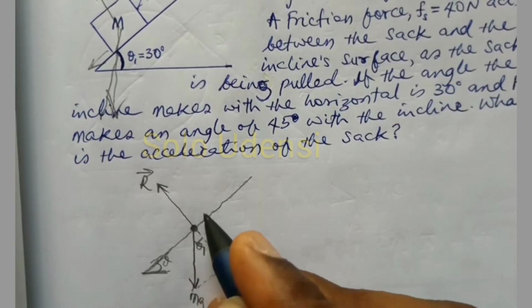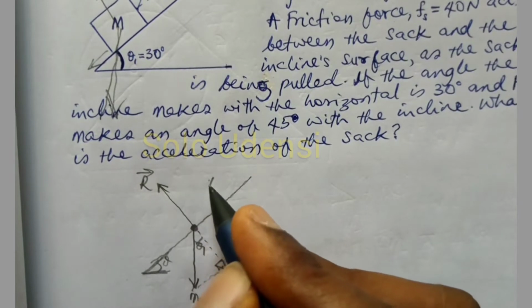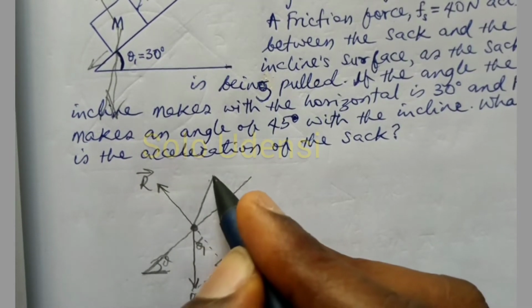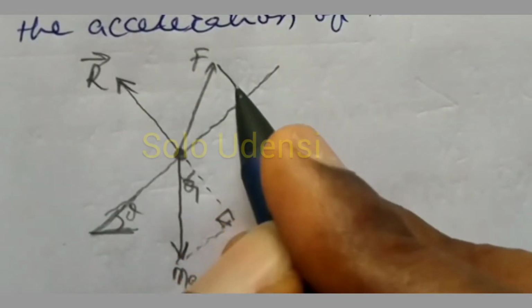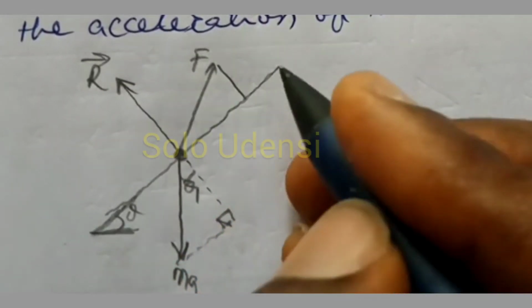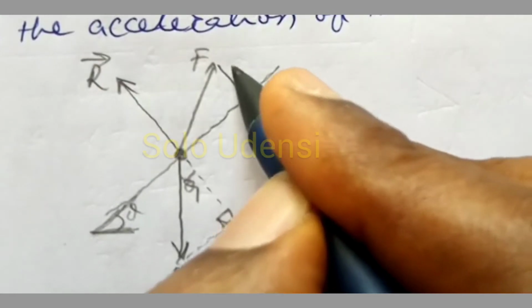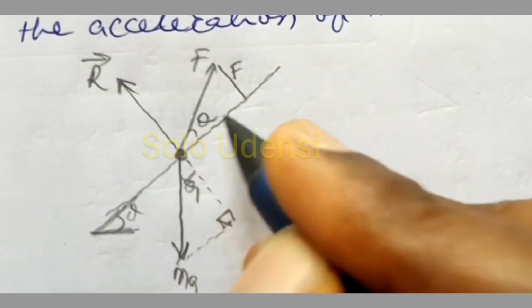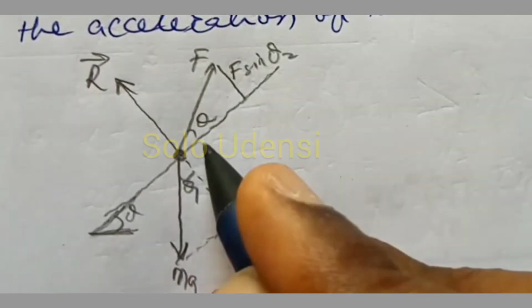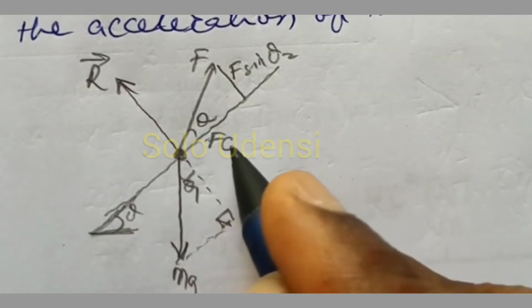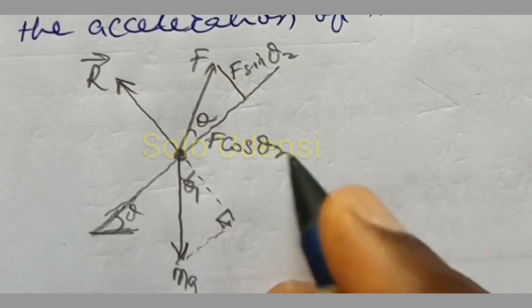So there is a force dragging this thing, F, at an angle to this incline. Here is F. This is θ2, F sine θ2, and here is F cos θ2.